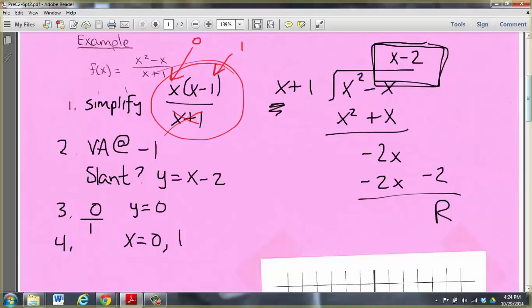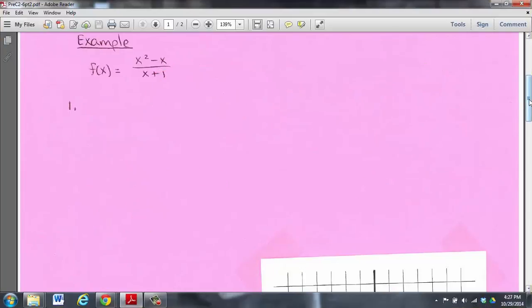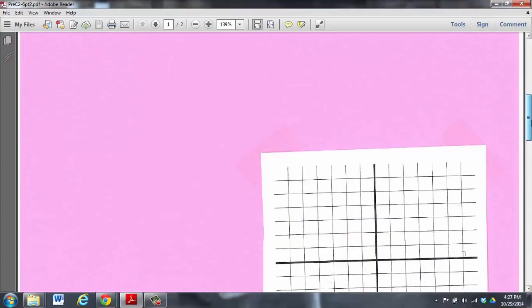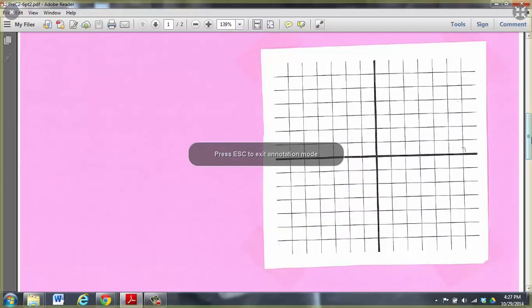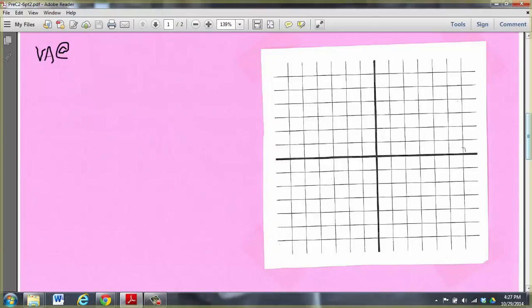Alright, well, let's do this. I need to scroll up so that my graph can appear. And we'll rewrite some things that we had. We knew that we had a vertical asymptote at -1. We had a slant at y equals x minus 2.